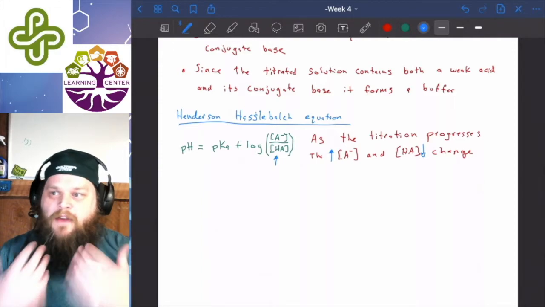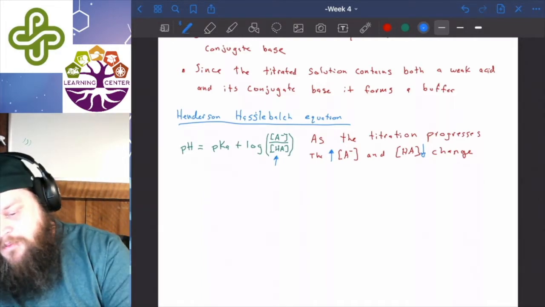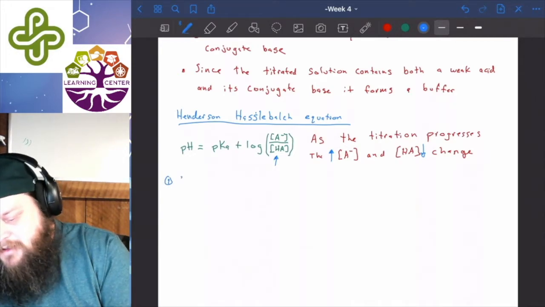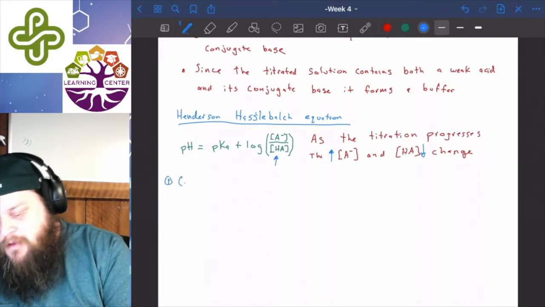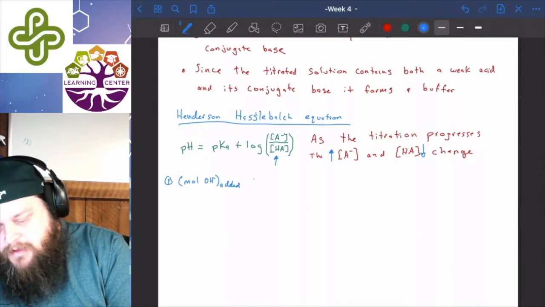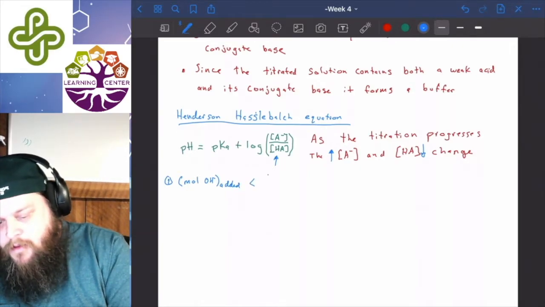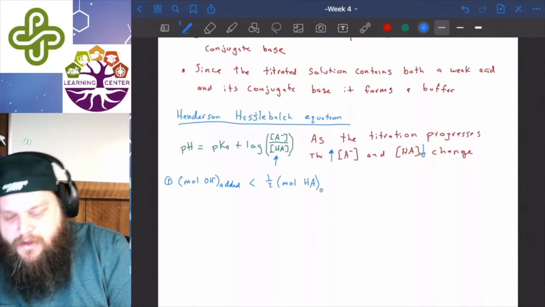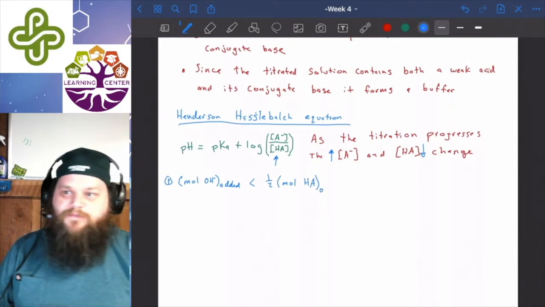But once we start adding in that sodium hydroxide, we get a few different states in that buffer system. So if the moles of hydroxide that are added is less than half of the moles of your acid initially. So these are all the initial concentrations of them.